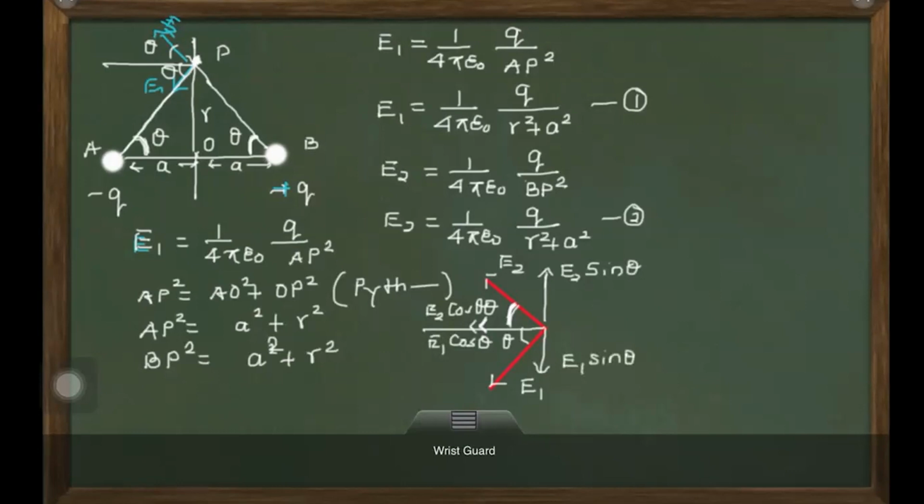Now, you can look at equation 1 and equation 2. E1 and E2 both have the same magnitude, and theta is the same for both. So E1 sin theta and E2 sin theta will cancel each other out, because one is in the positive y direction and one is in the negative y direction.